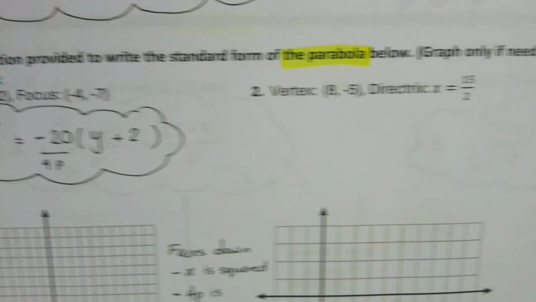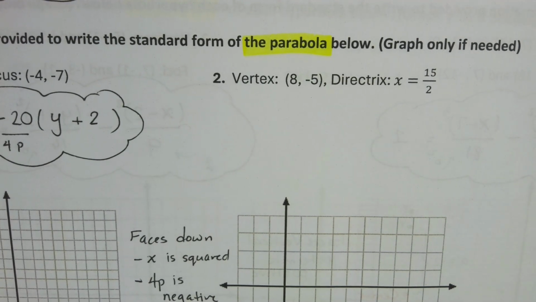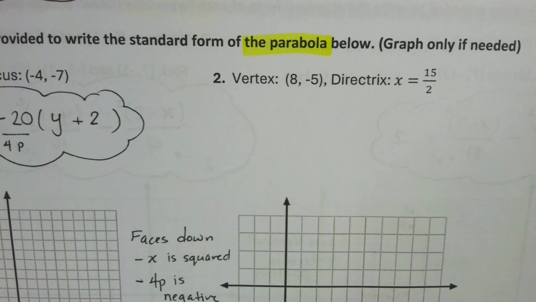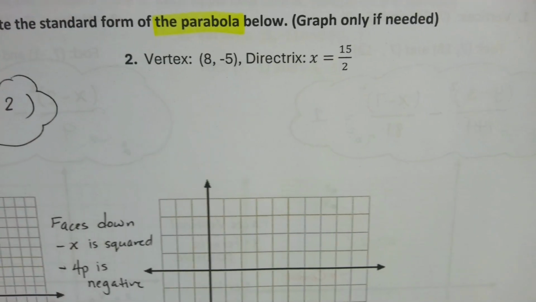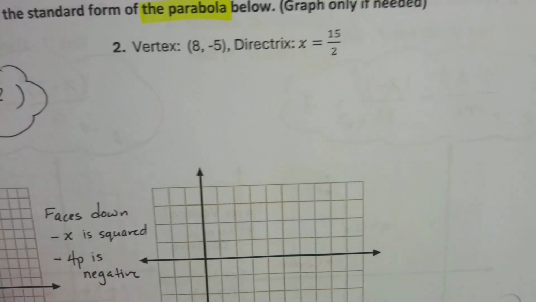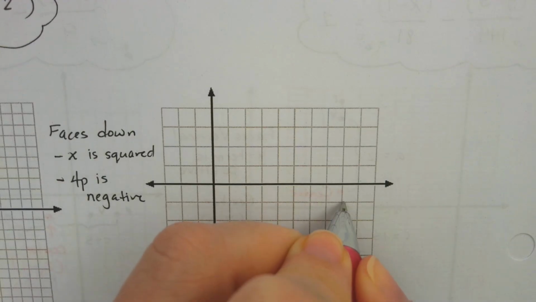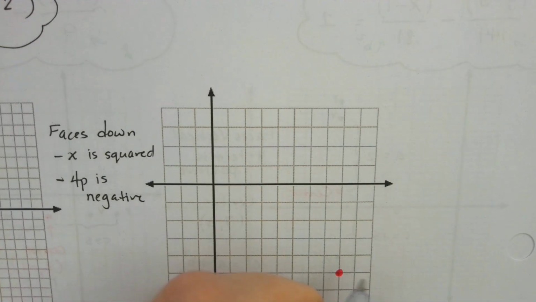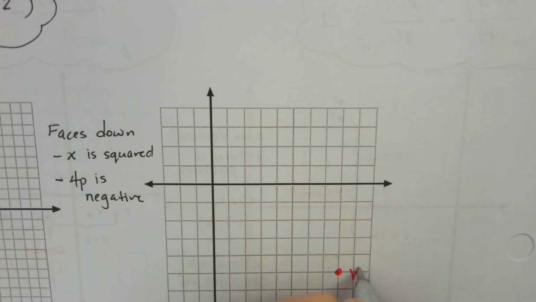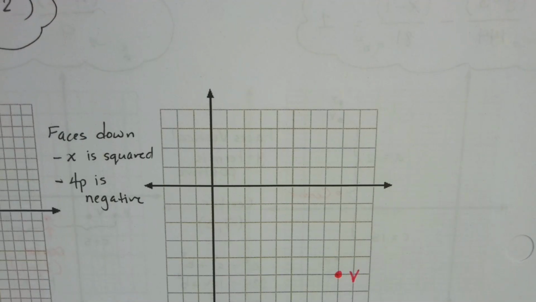Okay, and then last up, similar information. This one does tell us the vertex and the directrix though, instead of vertex and focus, but it's used the same way. Starting with, I'm going to graph my vertex at positive 8, negative 5. And then the directrix is x equals 15 over 2.